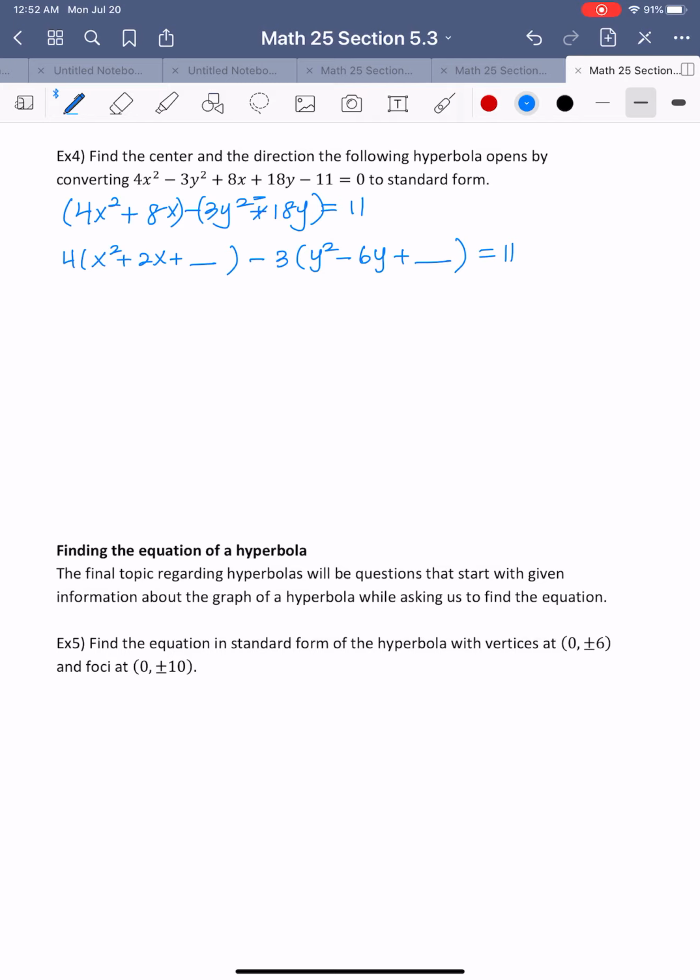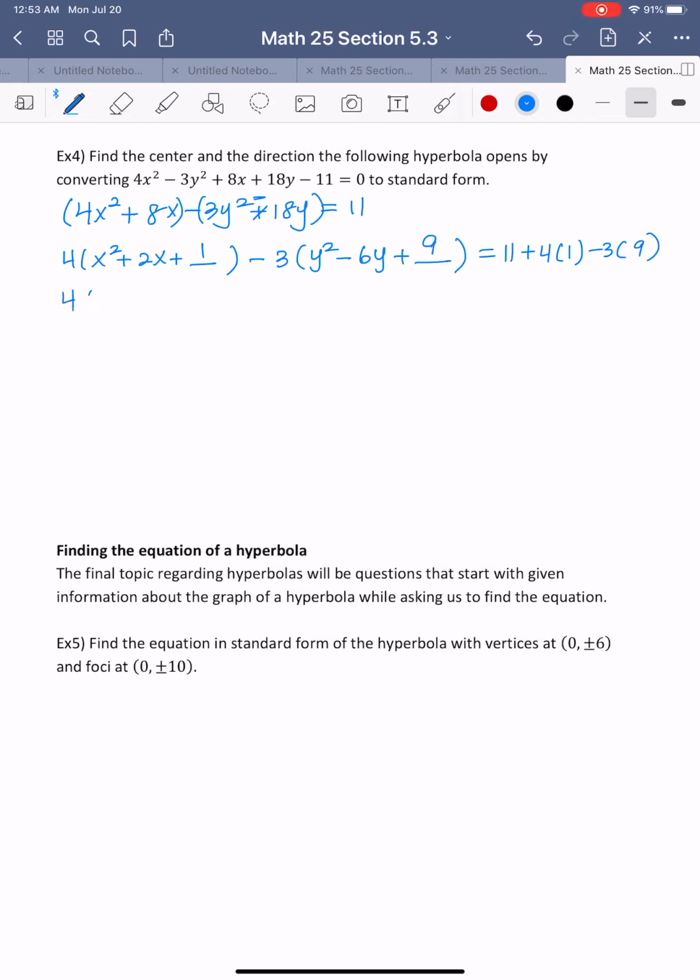And 11. Then of course I have to multiply 4 by something and minus 3 by something, okay? So in here, b is 2 divided by 2, which is 1, and 1 squared is 1. And then b is negative 6 divided by 2, which is negative 3, squared is 9. So I get 1 and 9.